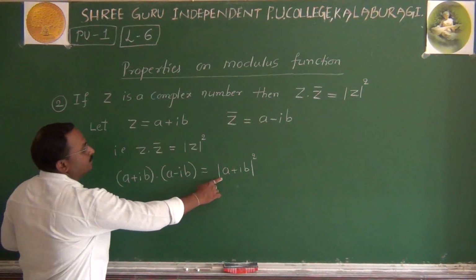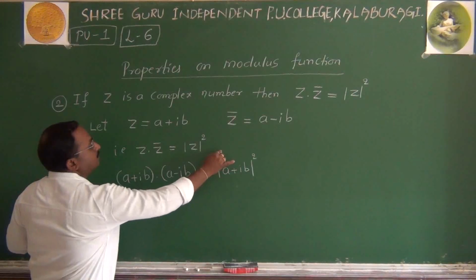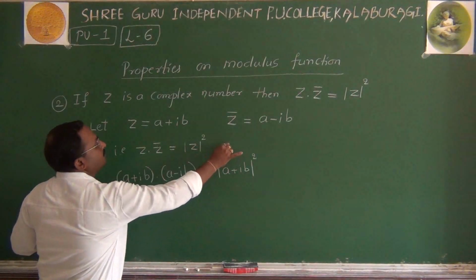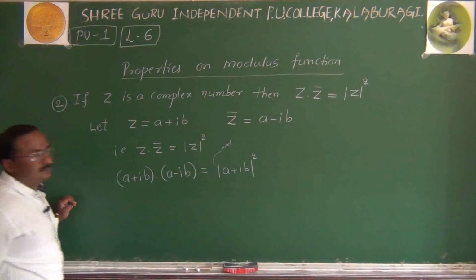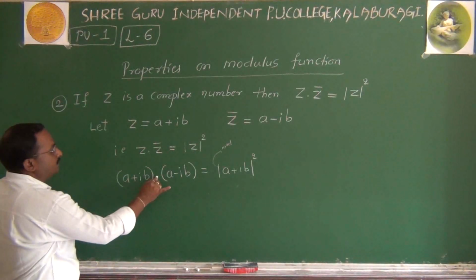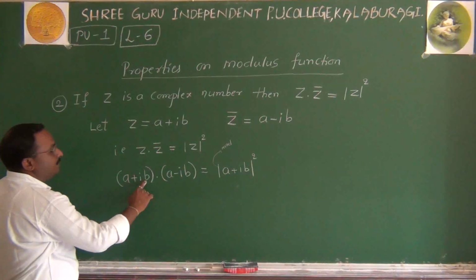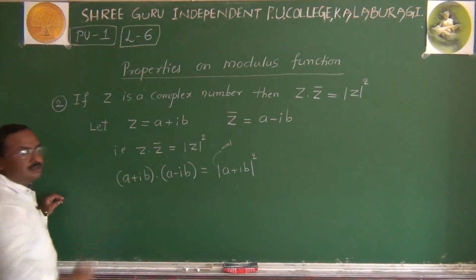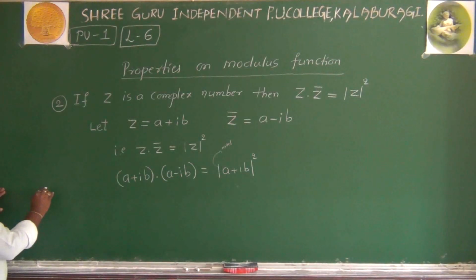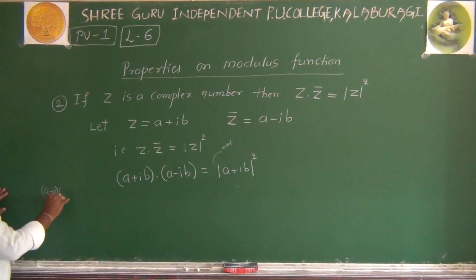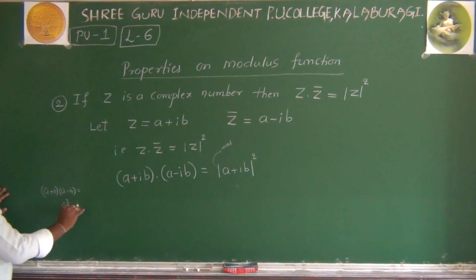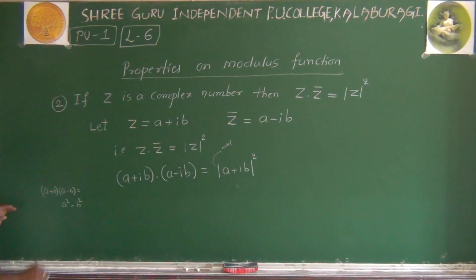This is the symbol for modulus. Do you know that A plus B into A minus B has the value A square minus B square?